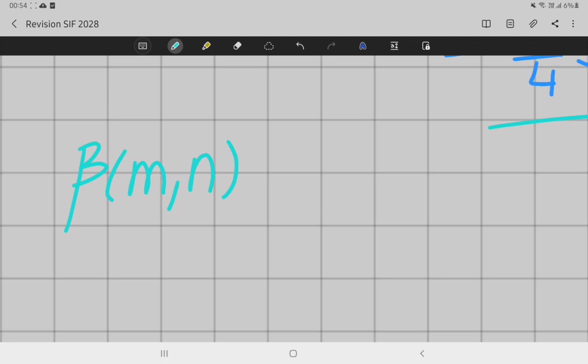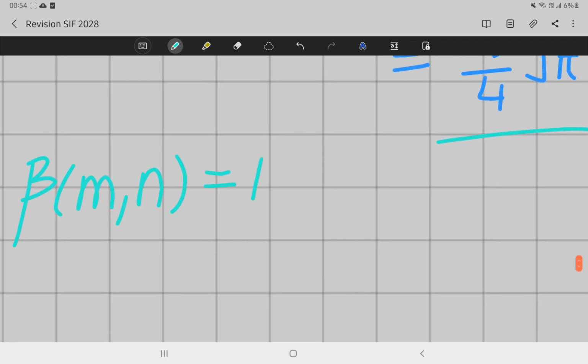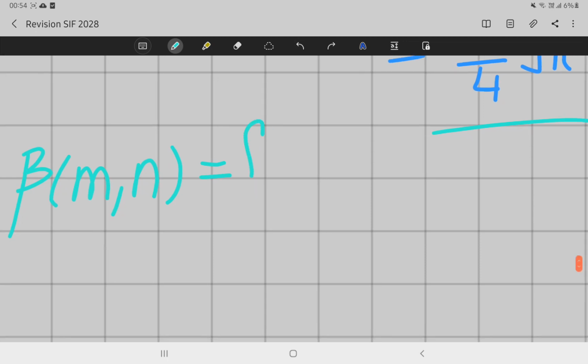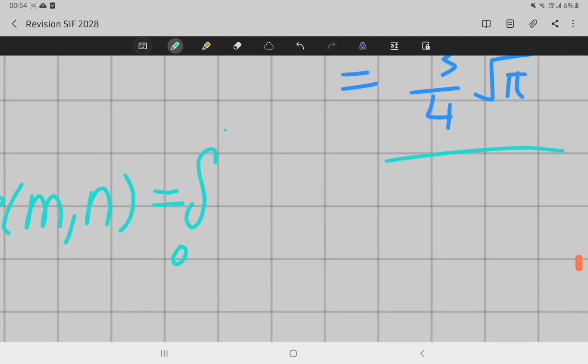For example, beta of m, n, later I will talk about that, is by definition an integration from 0 to 1 of x to the power of m minus 1 times 1 minus x to the power of n minus 1 dx.